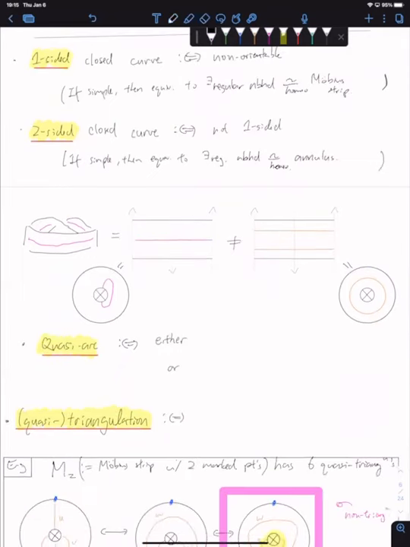For simplicity, people invented the term quasi-arc, which means either a one-sided simple closed curve, or just an ordinary arc. By simple, I mean there is no self-intersection.